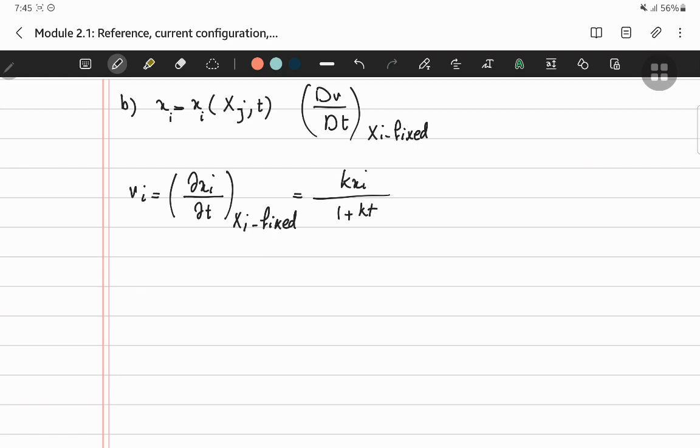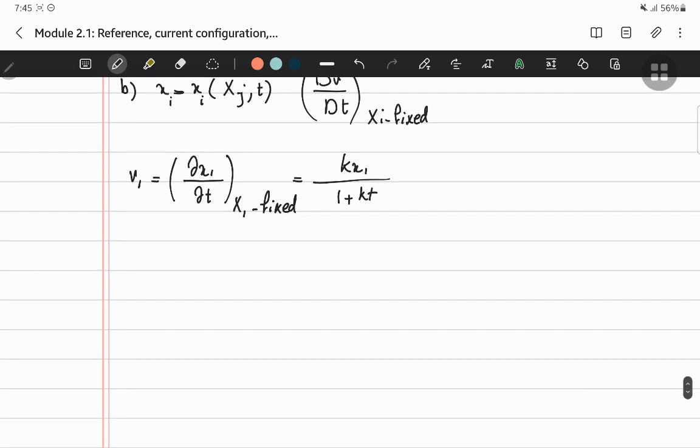Or maybe it would be better to write it as: if you want to find v1, it is equal to the partial derivative of x1 with respect to t when x1 is fixed. So here I have x1. You can also do this for v2 and v3 and find the relevant relations.